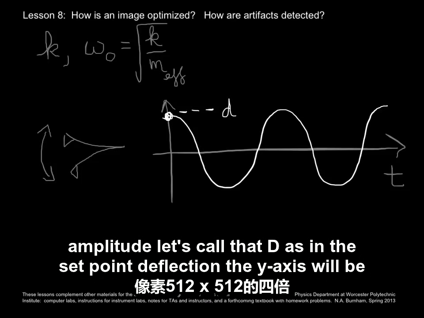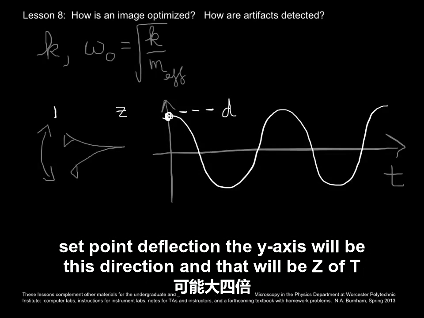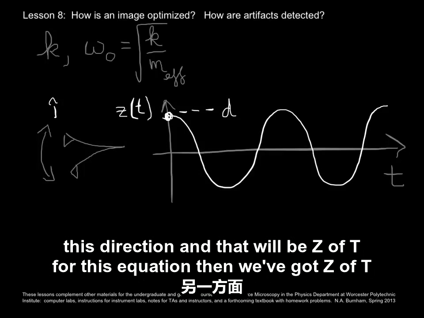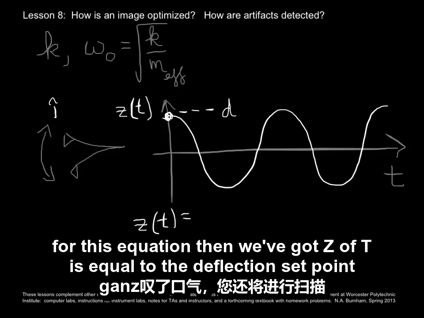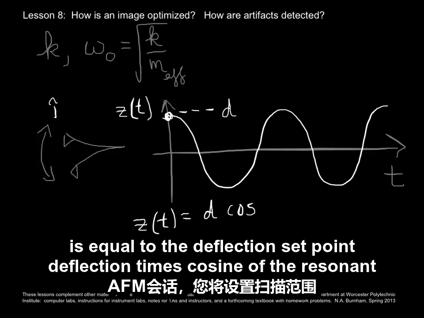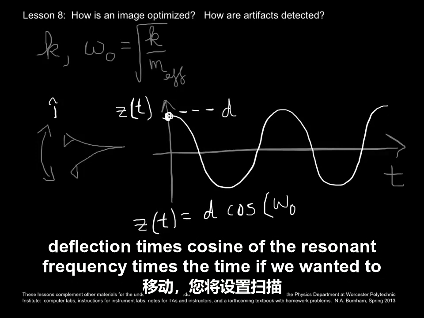The y-axis will be this direction, and that will be z of t. For this equation, then, we've got z of t is equal to the set point deflection d times cosine of the resonant frequency times the time.